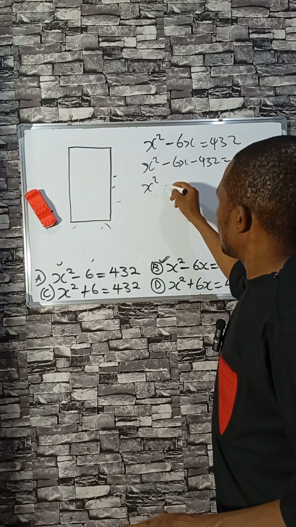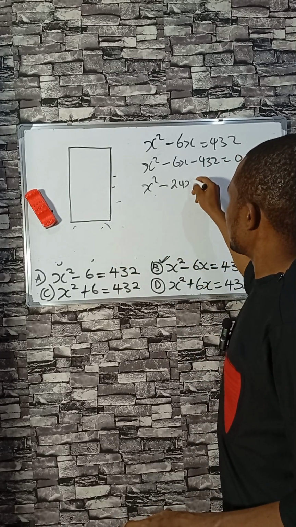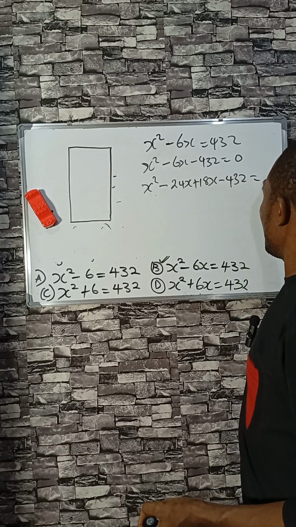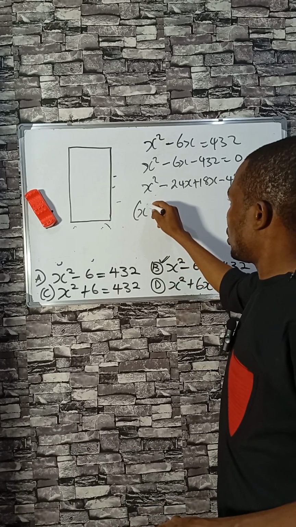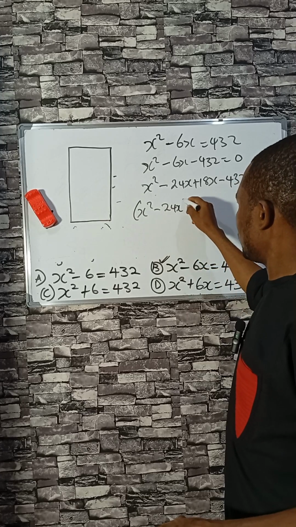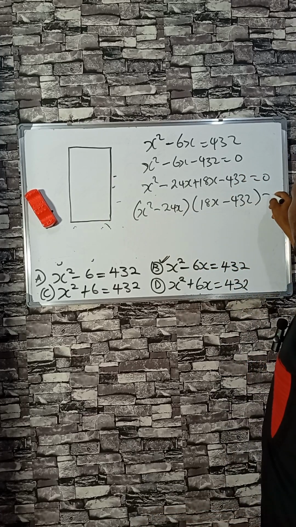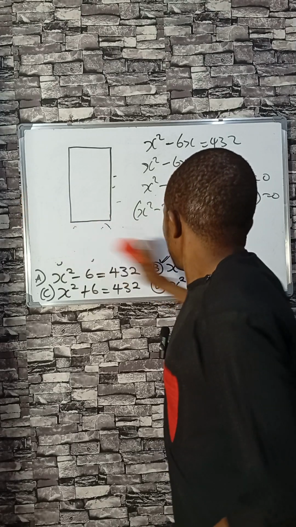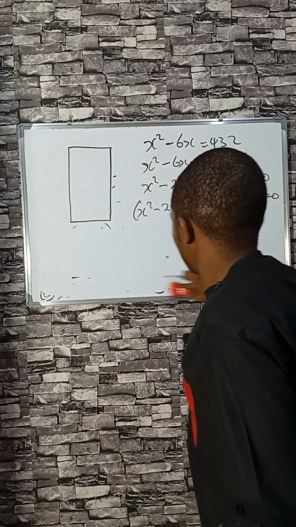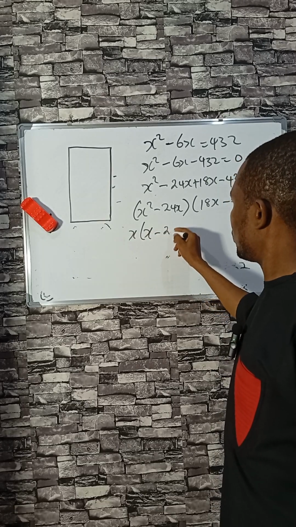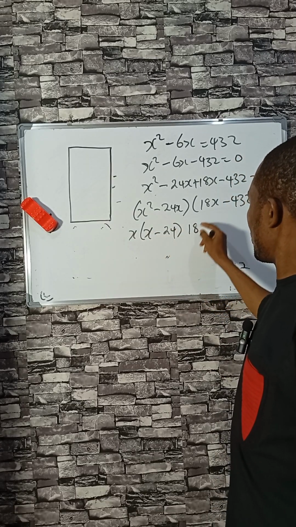X squared minus 24x plus 18x minus 432 equals 0. By grouping, x is common here, 18 is common here.